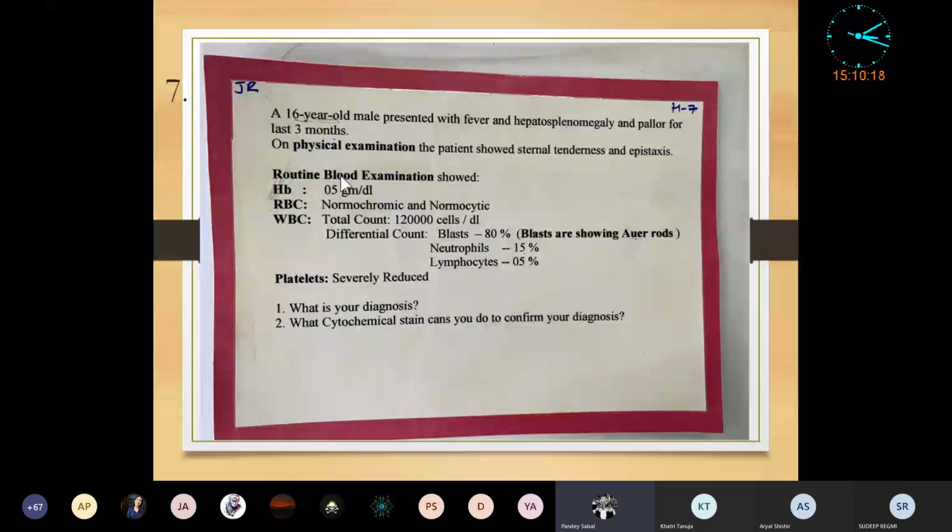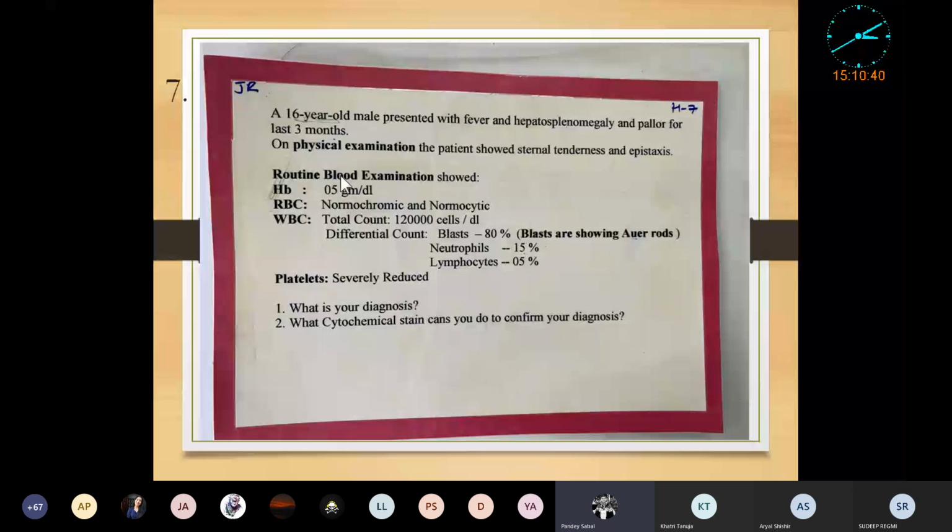Okay. Differential count, blast percentage is 80%, and blasts are showing Auer rods. This is also abnormal, and the blasts are more than 20%, so it signifies it is acute, and blasts showing Auer rods signifies it is of myeloid lineage, so it is acute myeloid leukemia.